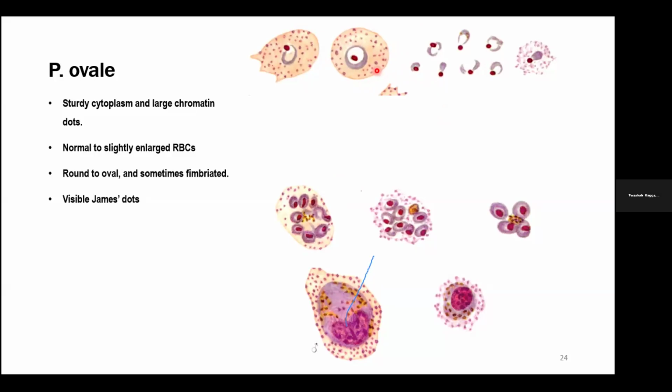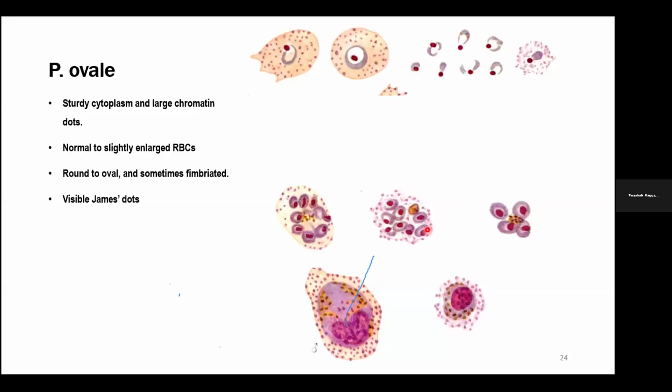The red blood cells are somewhat enlarged, but they look elongated or ovoid. Then the ghost of P. ovale is visible by the ghost nature of the James's dots that stay there, even in a thick film.